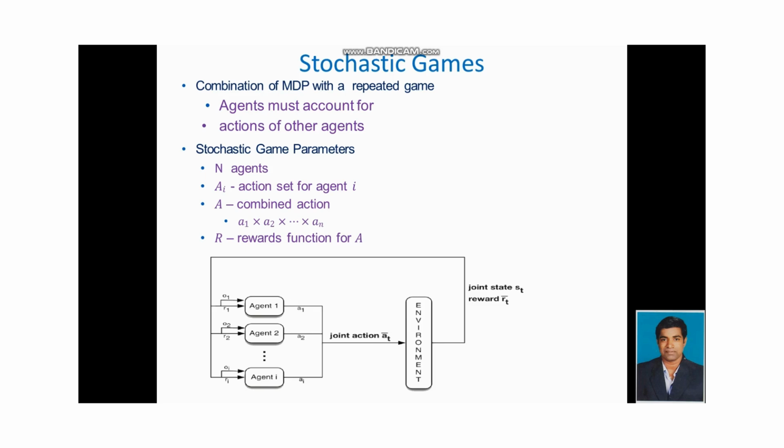See, in multi-agent RL, in the previous diagram we saw one agent taking an action on the environment. Here there are multiple agents, agent 1, 2, dot dot dot, agent i. There are n number of agents available in this multi-agent environment, where the combined action of all the agents is cumulatively sent to the environment.